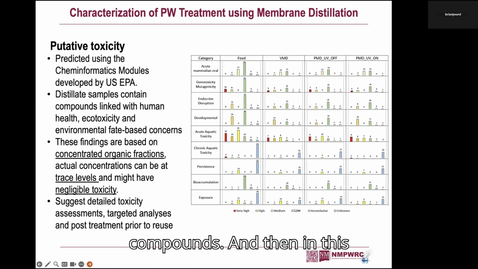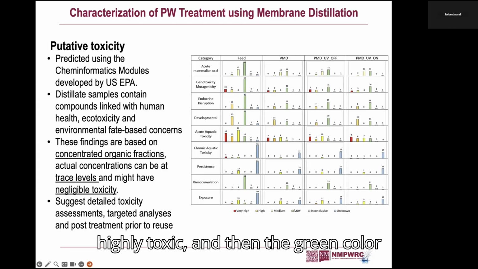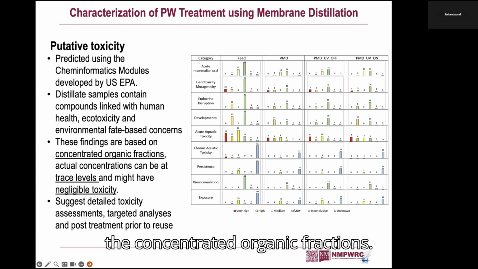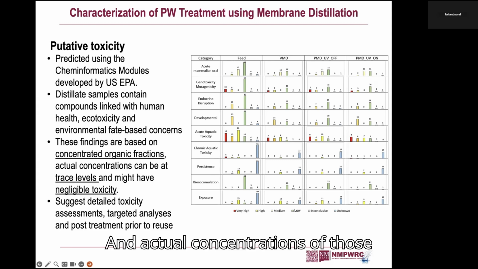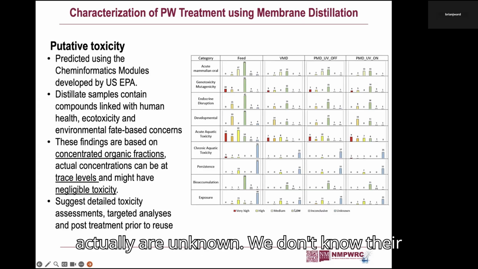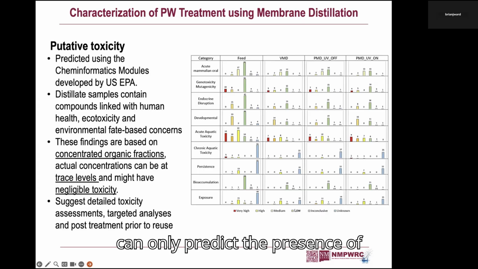After we identify these compounds, we use cheminformatics to predict their toxicity. In this graph, the red color shows highly toxic, and the green color shows low toxicity. But it should be noted that these toxicity predictions are based on the concentrated organic fractions, and the actual concentrations of those compounds identified through the NTA are unknown, because non-target analysis can only predict the presence of those compounds.